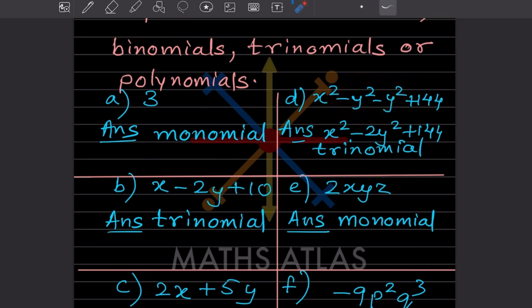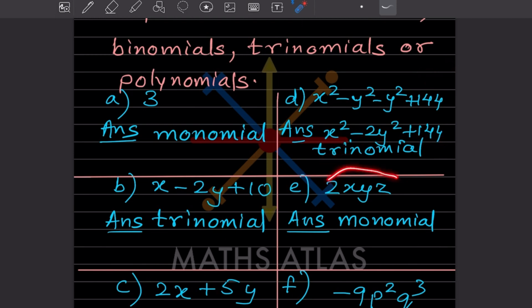If it is written minus y square, there is a 1 here and also a 1 there. So minus 1 and minus 1 becomes minus 2 when you add them together. We are going to see integers later. When you add these, both get added and the minus sign remains as it is. So it is going to be minus 2y square, and this is 144. Now you can see that there are only three terms. So don't get confused into saying that there are four terms. So this is trinomial.